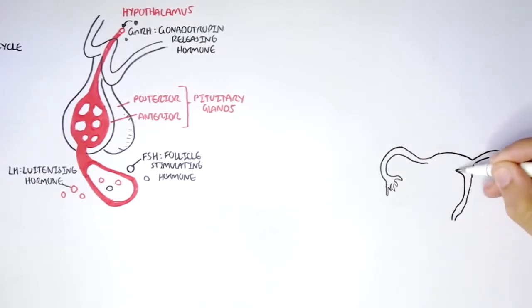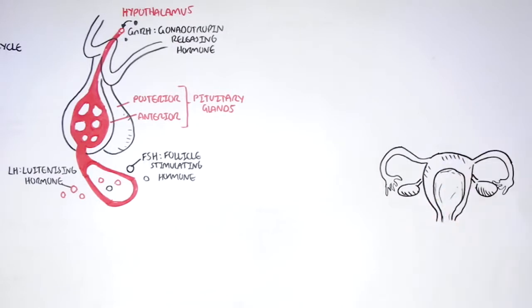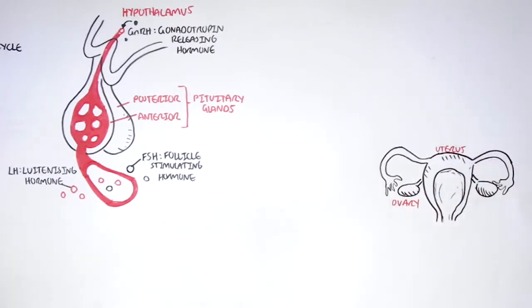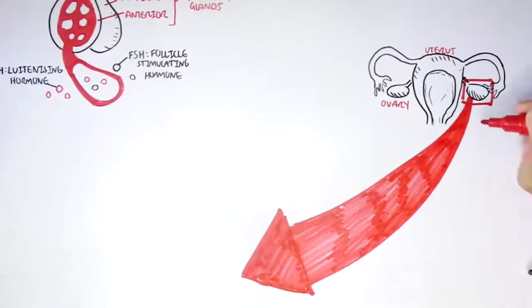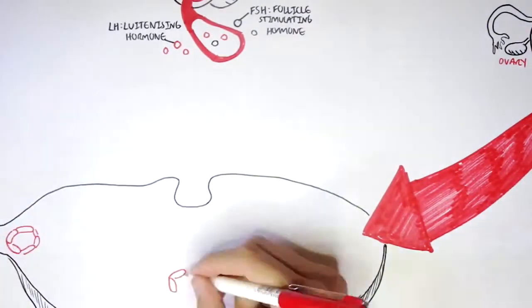So let's just recap quickly what the ovary is and where it is. Here we have the uterus and the ovaries, which connect to the uterus via the fallopian tube, essentially, but it's now known as a uterine tube. So we will focus on this ovary here. Let's zoom in. So here is the ovary, and it has blood vessels.